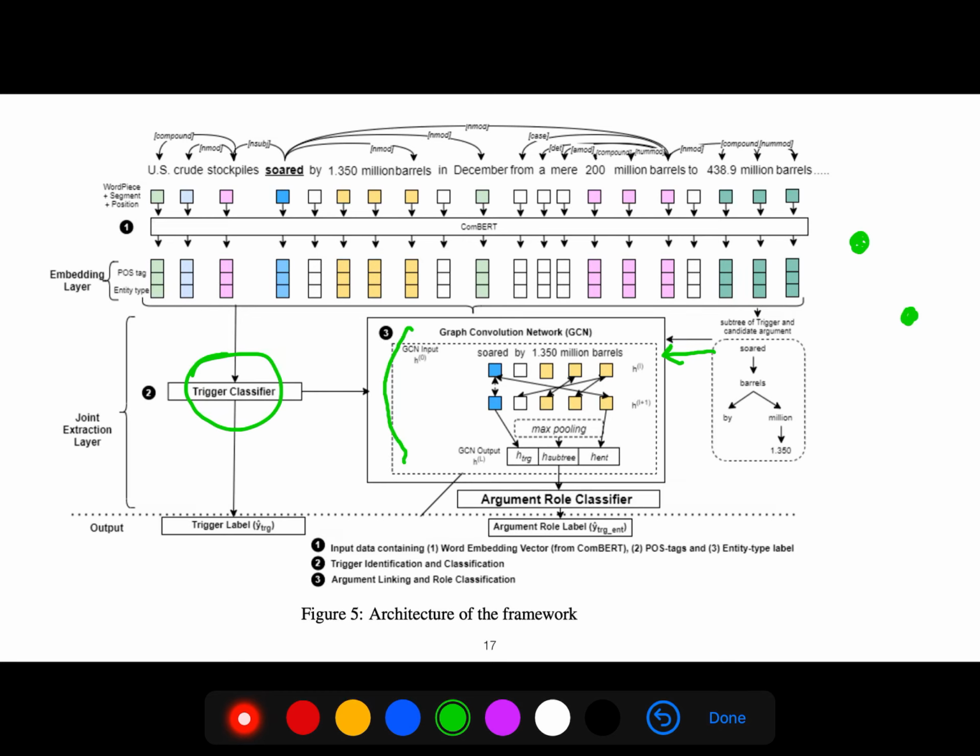We have a subtree. And then we learn this graph neural network because we know how to learn it. We have a classifier, so the loss is backpropagated, and the weights of the graph neural network are updated and learned. And now we have the argument role label.